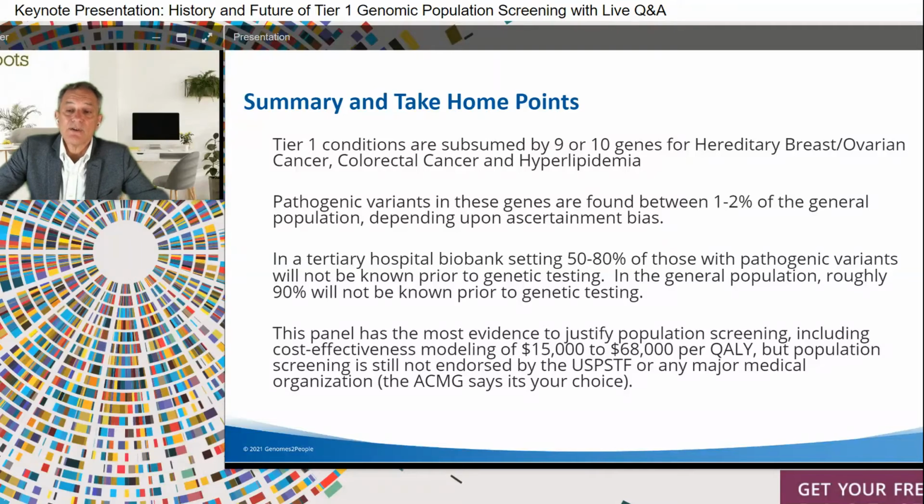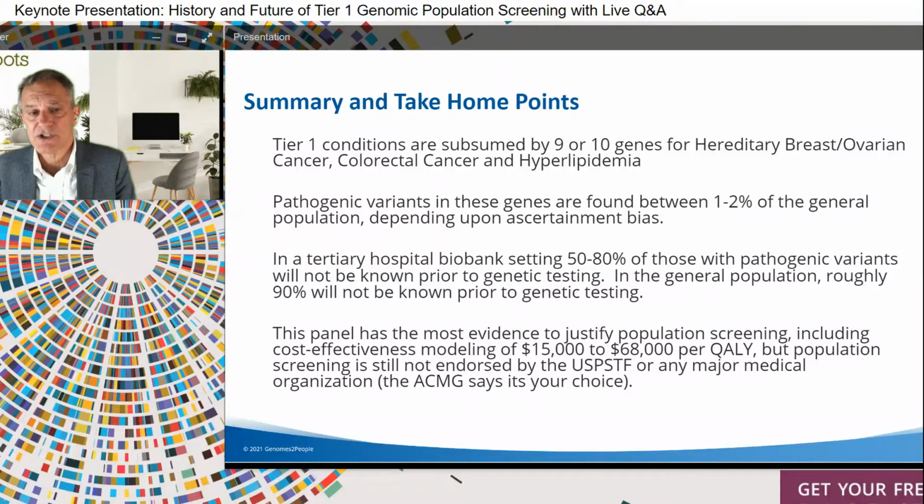So that could increase the percentage. Also, because some of the founder mutations in BRCA1 and 2 are really quite common, the more a population you're screening happens to have an Ashkenazi background, the higher that rate will probably be. So there's a couple of variables that affect that.